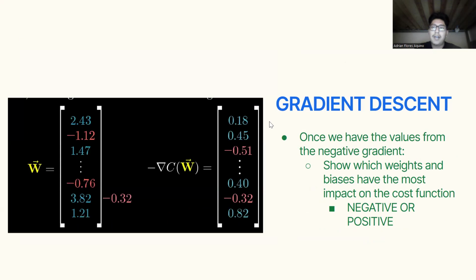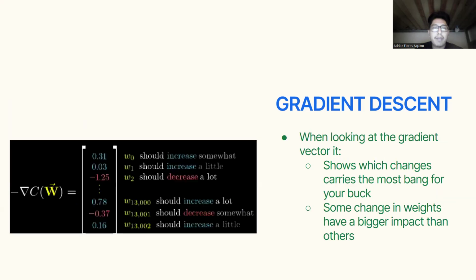And once we have the values from the negative gradient, it shows which weights and biases have the most impact on the cost function. They could be either negative or positive, as you can see right here, 2.4043, negative 1.12. That is what we're looking for, because it shows which changes would have a bigger or smaller impact.